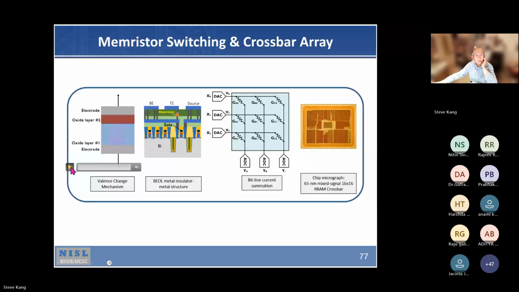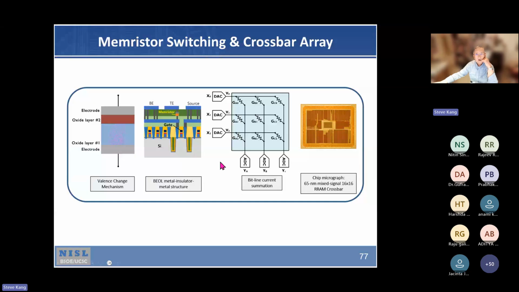Again, when you apply voltage positively, a conduction path is formed, so the conductance is high or resistance is low. If you apply the voltage negatively, then it dissolves and resistance becomes high. That's the switching principle of a memristor.